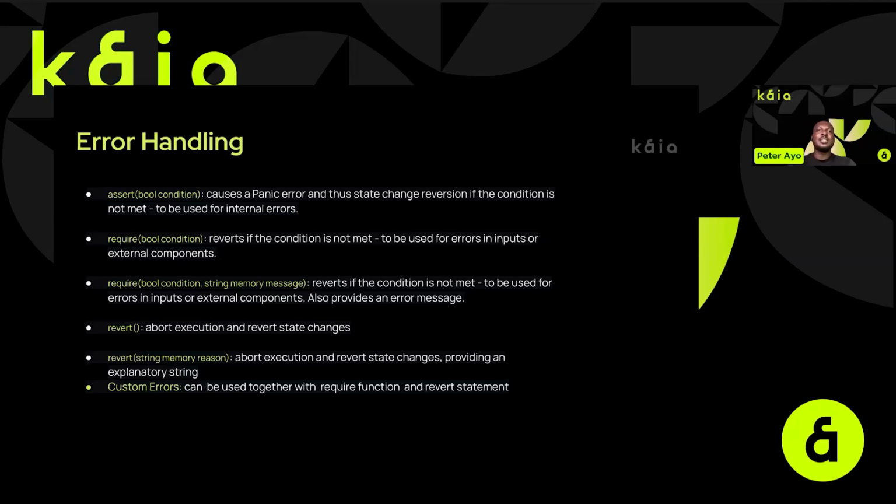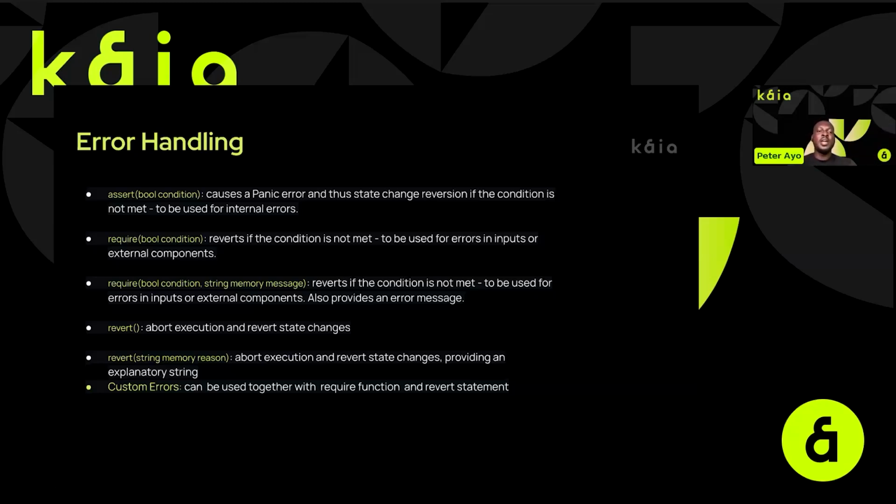Now, there are certain scenarios where you might want to throw an error. Take, for instance, require. Require doesn't have a detailed way of telling the user what actually happened that the transaction failed. It only helps you put in an error message, say, not enough funds, which tells the user that they don't have enough funds.